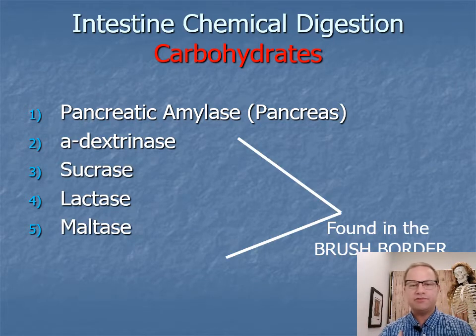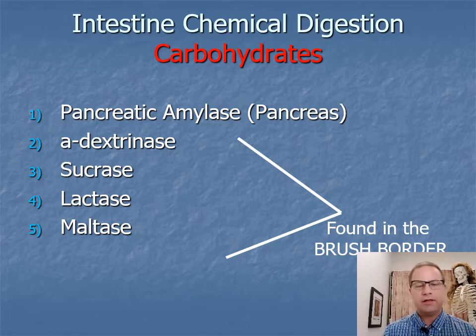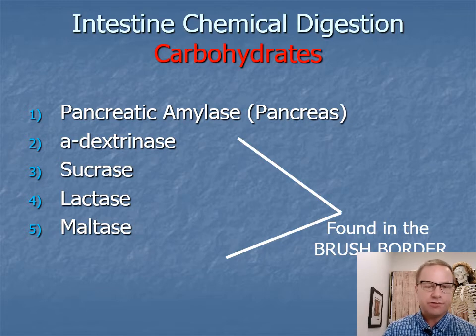Remember, amylase helps to break down amylose, which is a starch. And then we have all these brush border enzymes, which are located in the membranes of those Bart-Simpson haircut cells. And these cells have enzymes such as sucrase to break down simple sugars like table sugar, lactase, which breaks down milk sugar, and maltase, which breaks down another type of disaccharide.